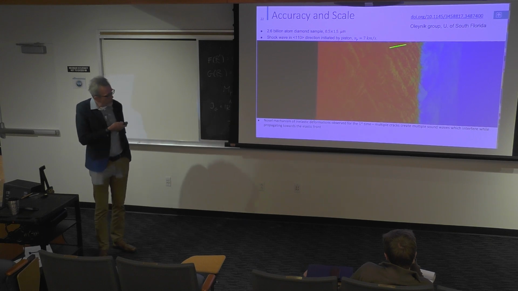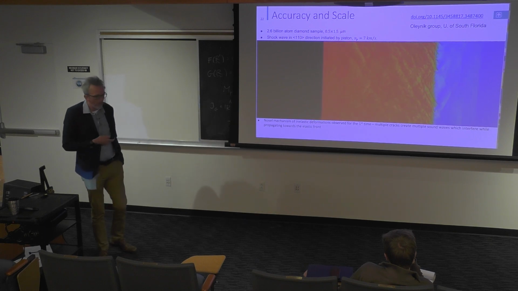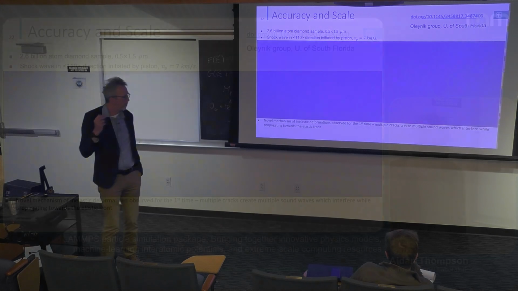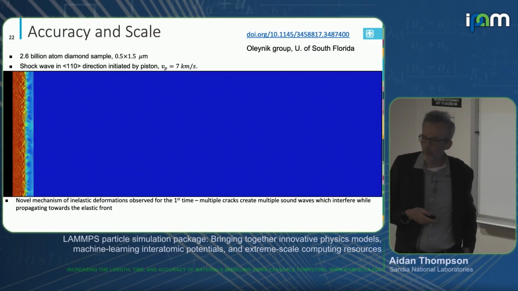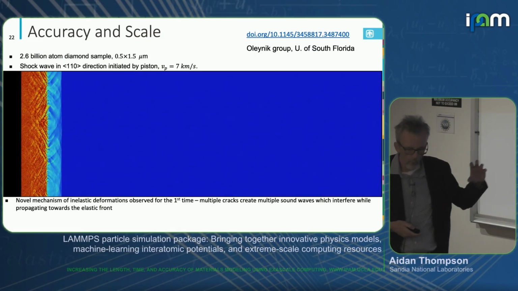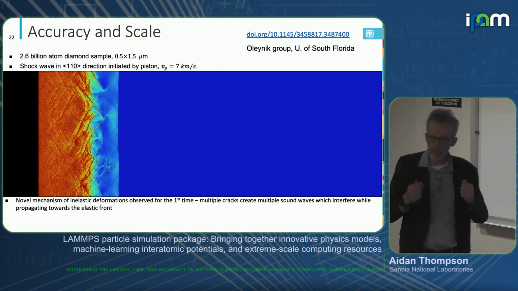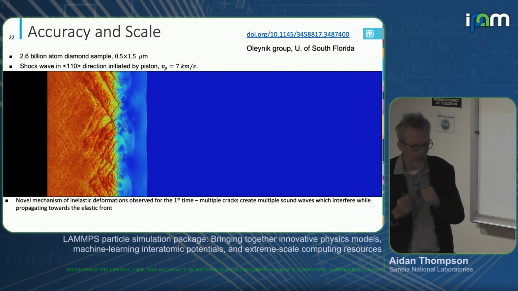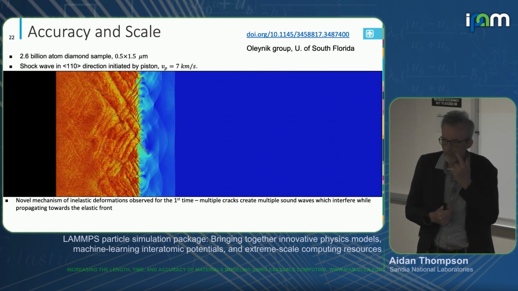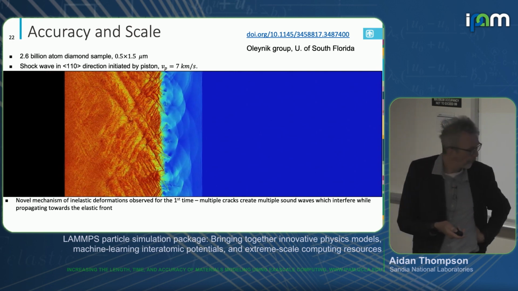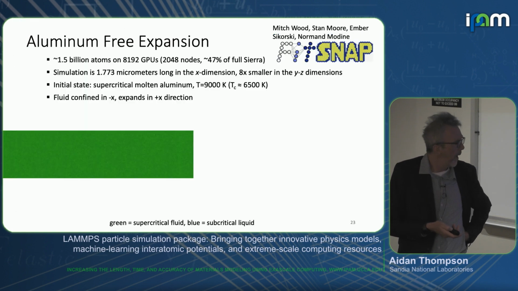The length scale here is on the order of microns, and this type of detail would not be seen if we had run the same simulation setup on much smaller systems, because the periodic boundaries, the finite sample size, would have suppressed a lot of this microstructure. So, really great stuff.